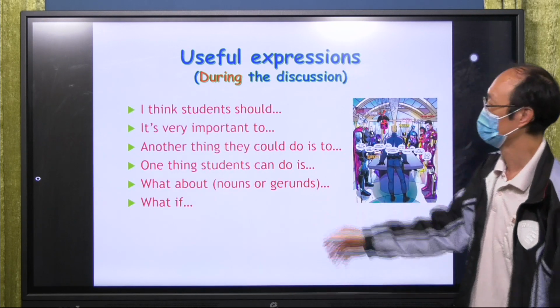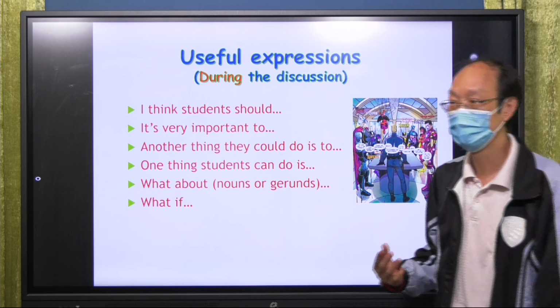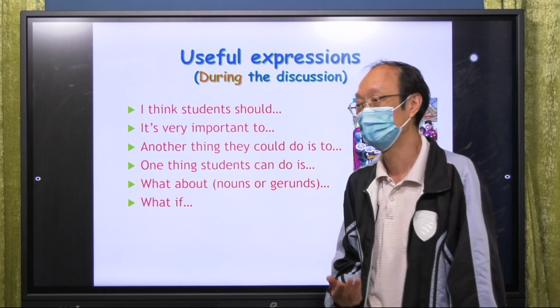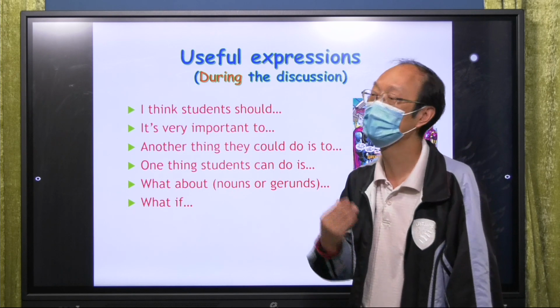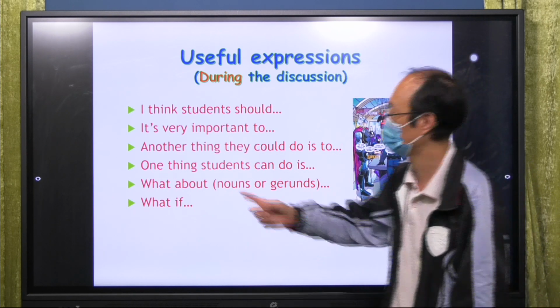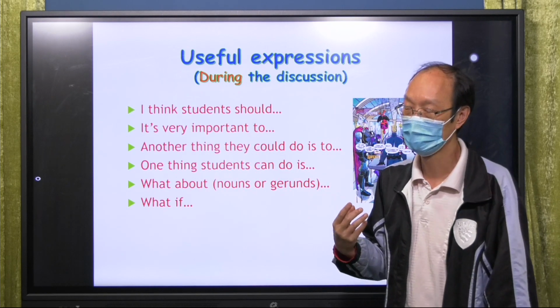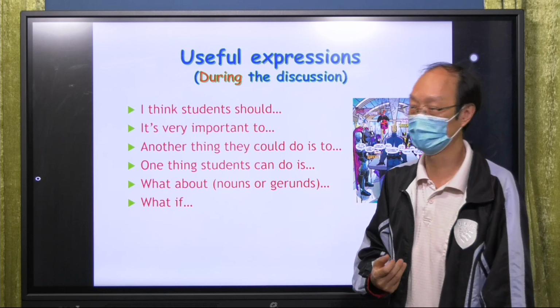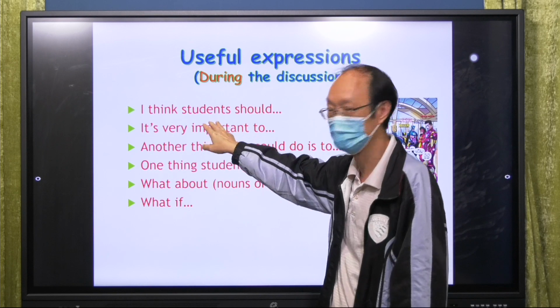During discussion, you can think about this: because we are students, when we talk about something, it is always around the campus, about what students have done in the campus. So we always use the subject students.